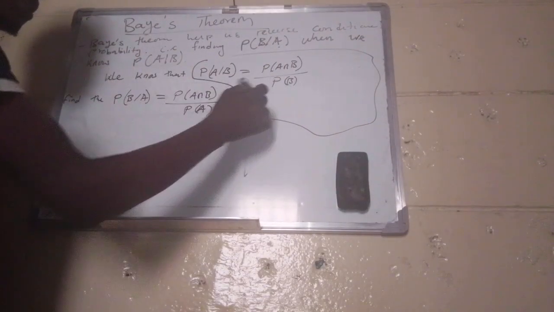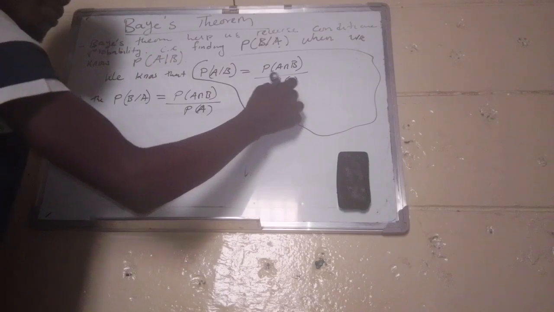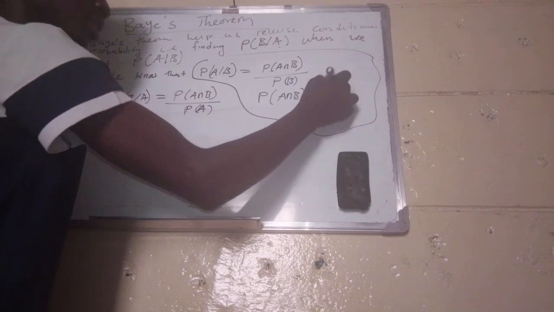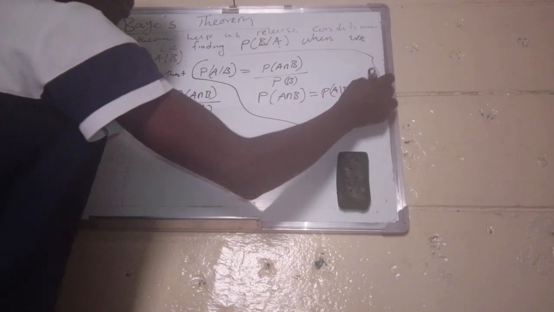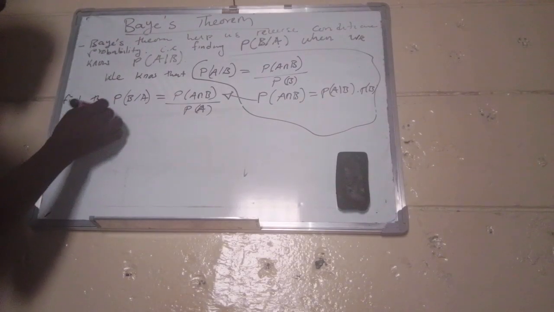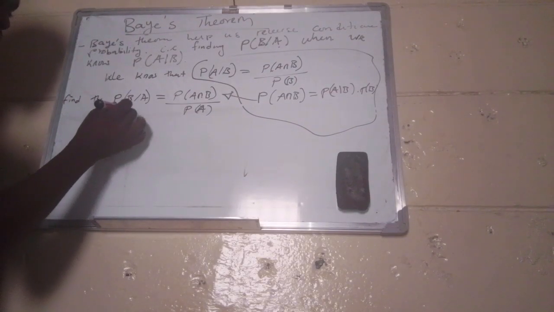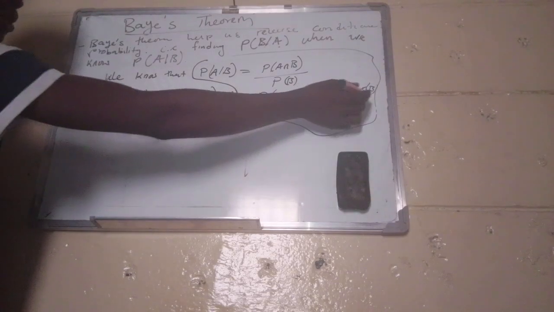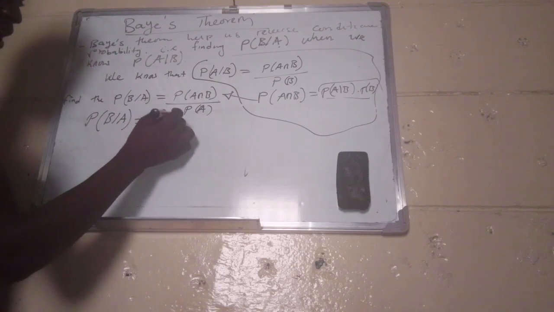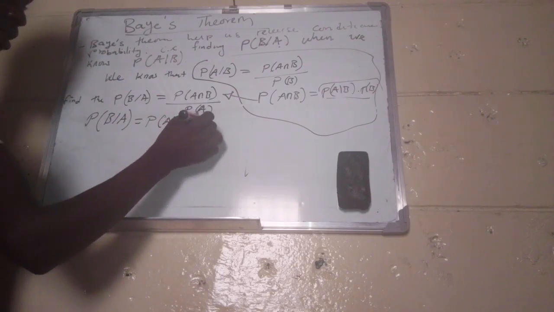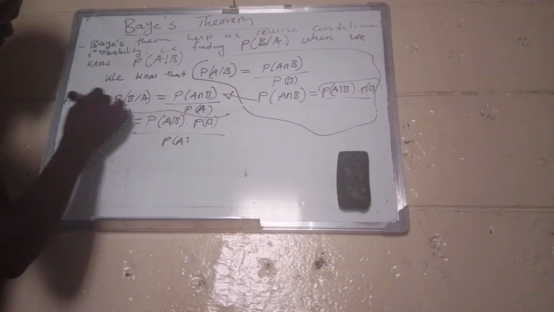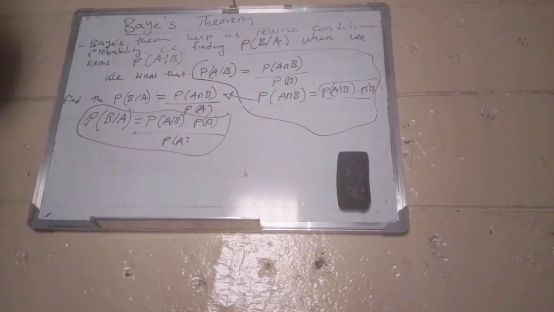So the probability of A intersection B is the same as the probability of A given B multiplied by the probability of B. This replaces the intersection, so that the probability of B given A is equal to the probability of A given B multiplied by the probability of B over the probability of A. This formula is what we call the Bayes theorem.